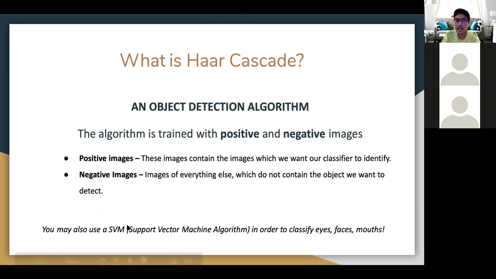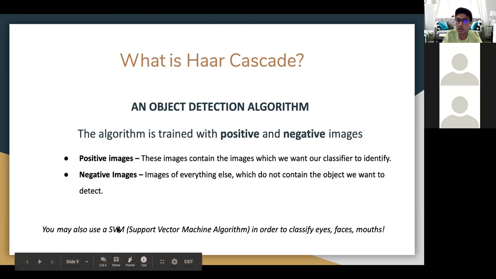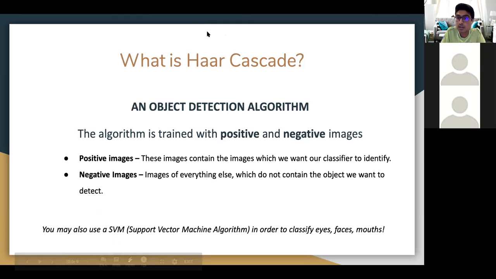Whether we do that with our support vector machine algorithm or with something called the Haar cascade is totally up to us. And today, we're going to be looking at how to use a Haar cascade, the object detection algorithm, in order to identify a face in some preloaded images I have. So essentially, to boil this down, the way this algorithm is trained is through having positive and negative images.